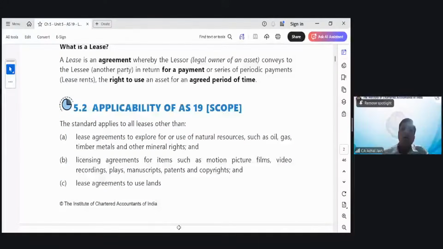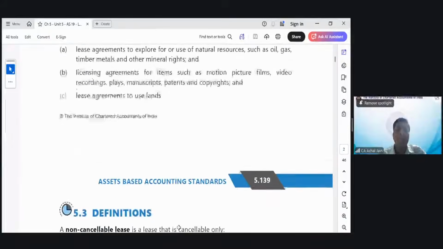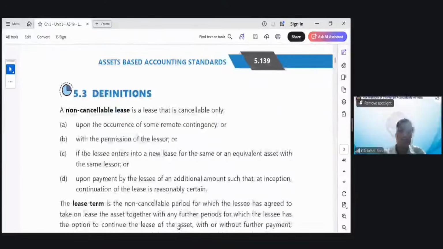When it comes to the accounting treatment of a lease, you can say it is slightly different. A lease is a specific kind of arrangement that you generally come across, right?